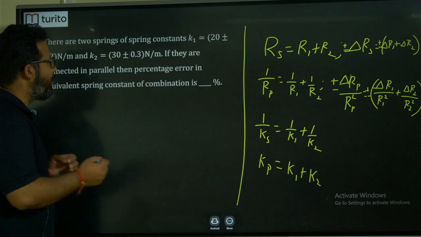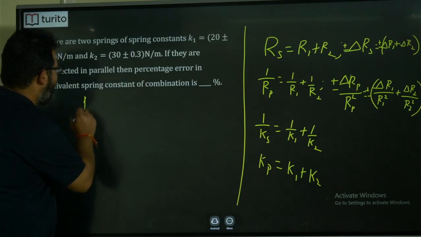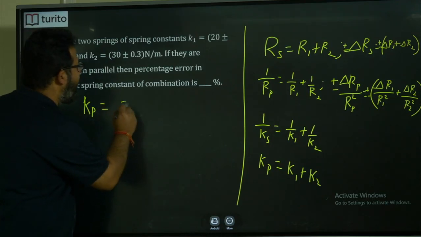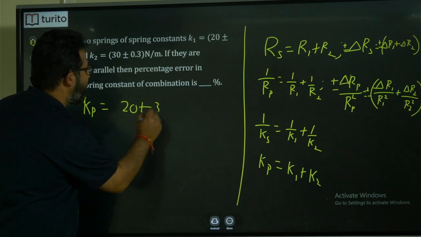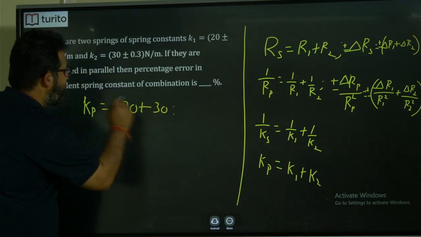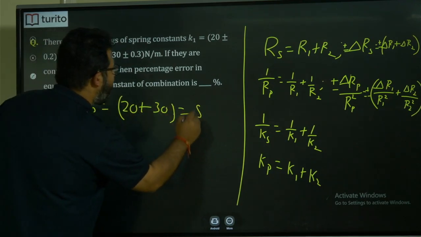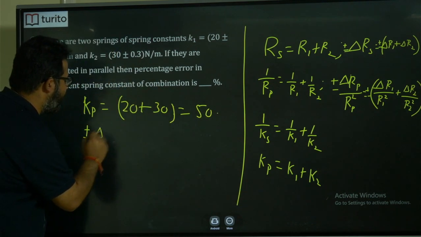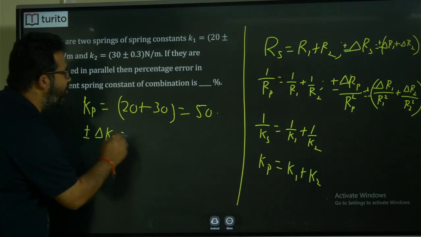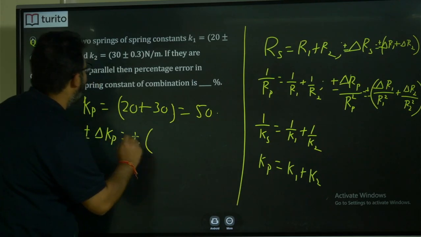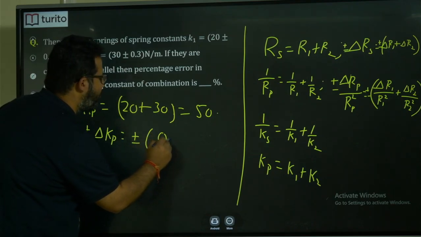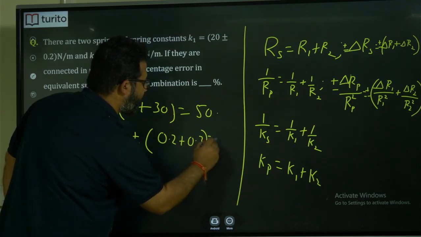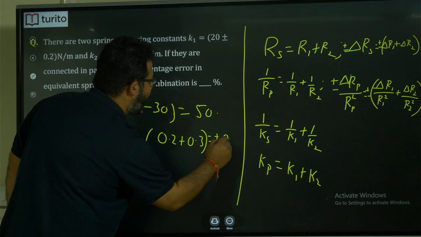Here it is very easy to calculate. The parallel combination of the spring constant will be K1 plus K2, that is 20 plus 30, which is 50. The error, plus minus delta Kp, we simply add the two: plus minus 0.2 plus 0.3, that is plus minus 0.5.